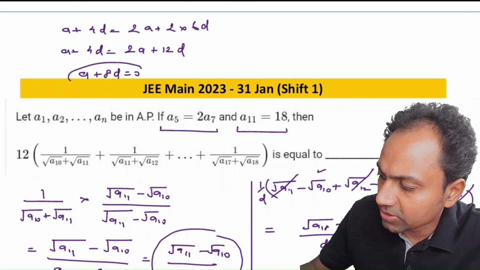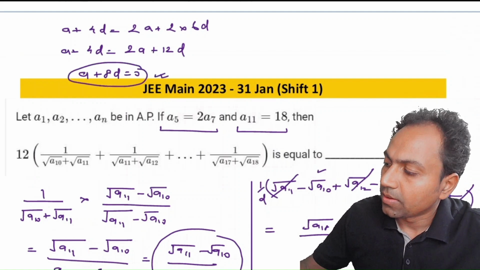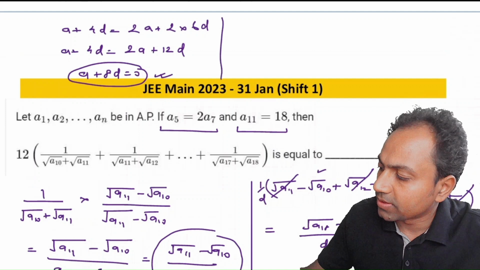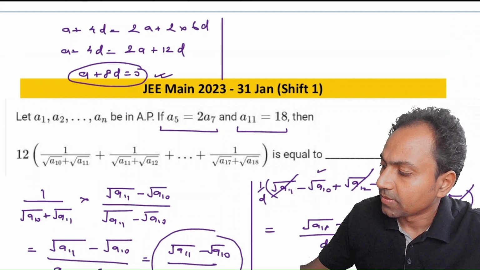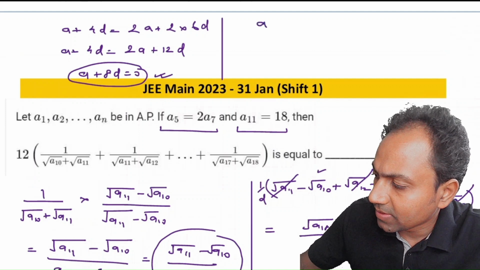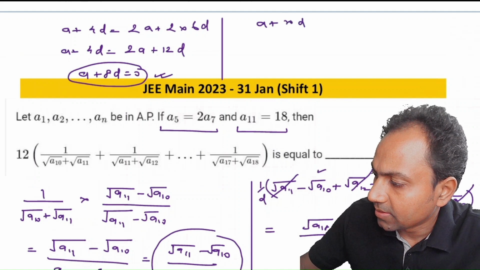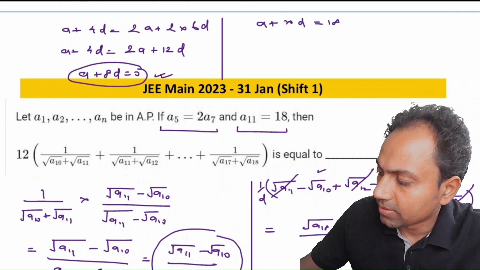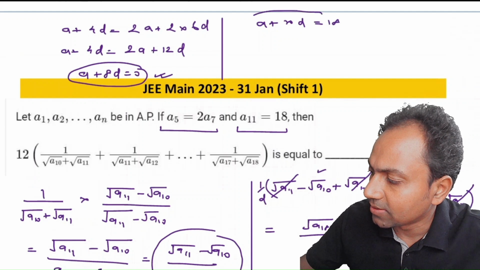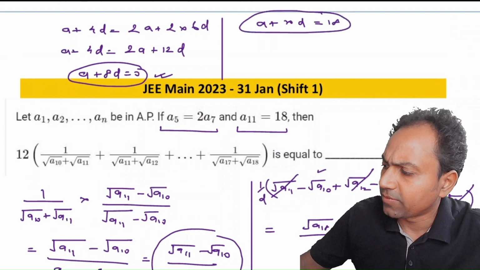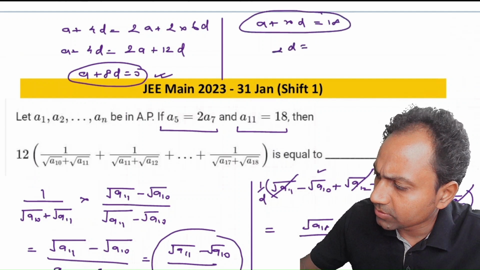This is the first condition that we have got. If I move further and write another condition from the other term, it is given A plus 10D would be equal to 18. So if I subtract this and the earlier condition, I should get the value of D. And if I do that, my 2D comes out to be 18 and D comes out to be 9.